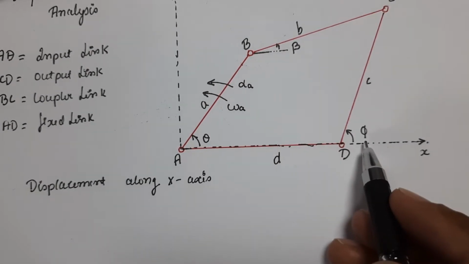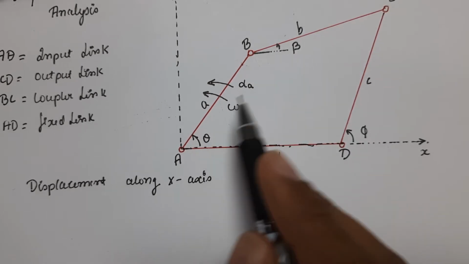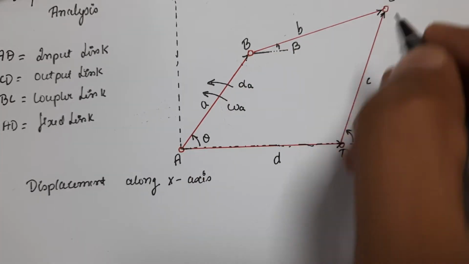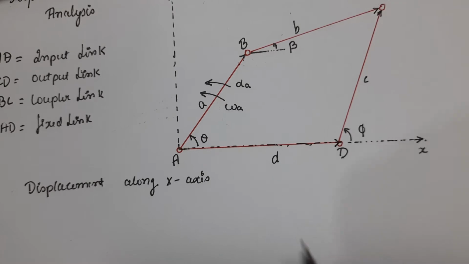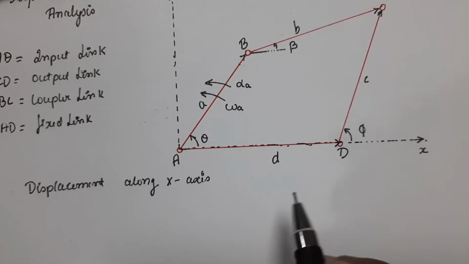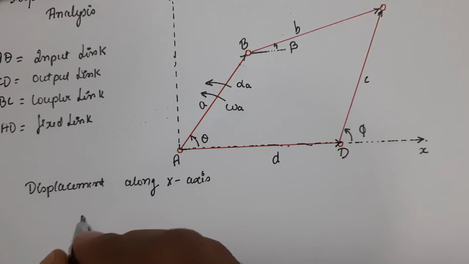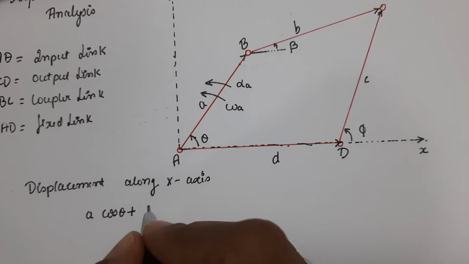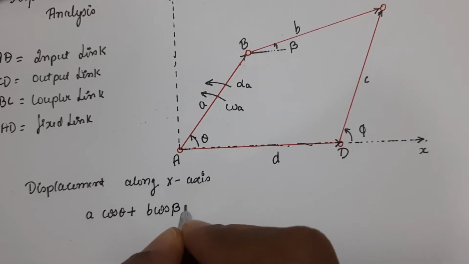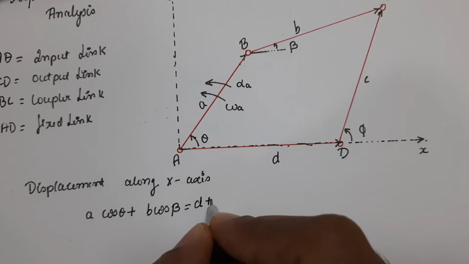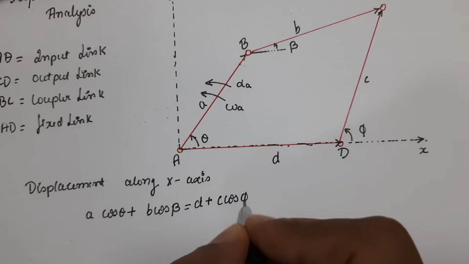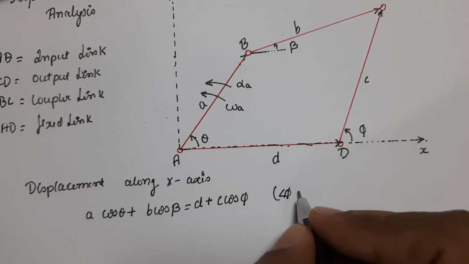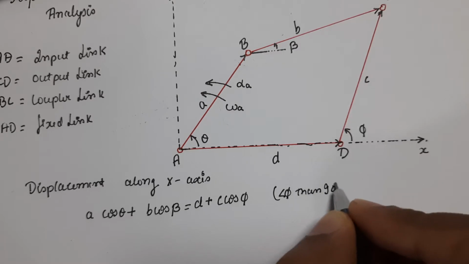Now here, if the phi angle is more than 90 degree, then we can write the equation, all these links are in equilibrium. Okay, so since all the links are in equilibrium, we can write the equation as A cos theta plus B cos beta is equal to D plus C cos phi, only if the phi is more than 90 degree.